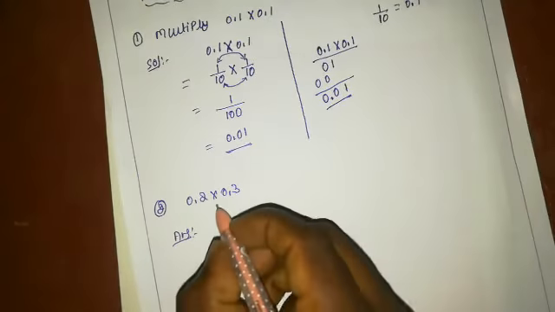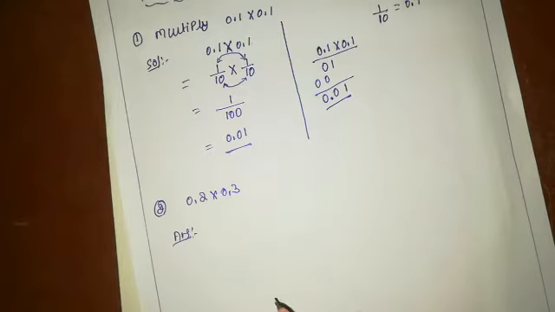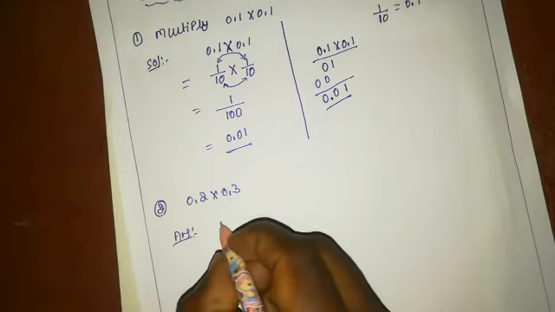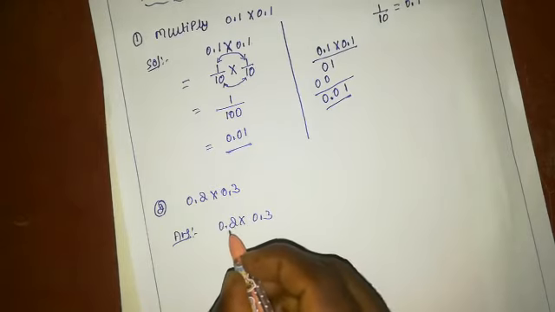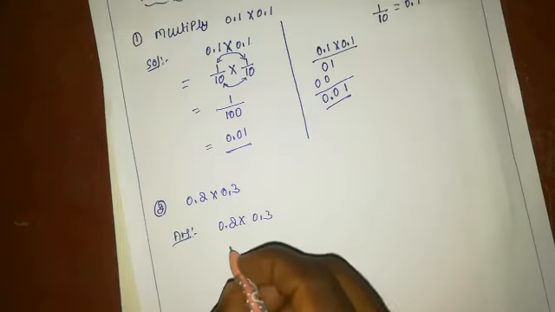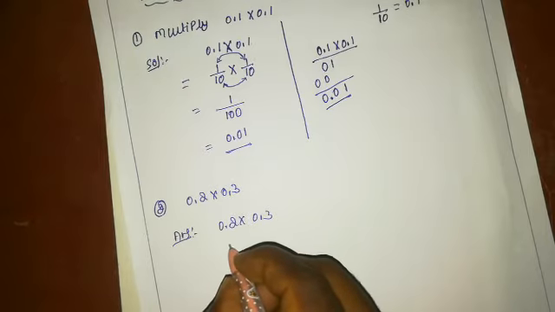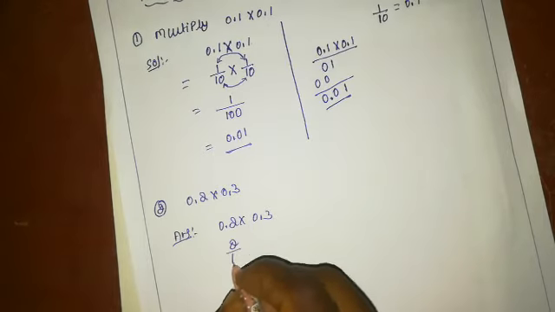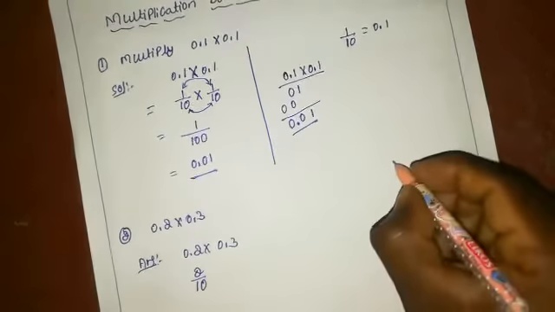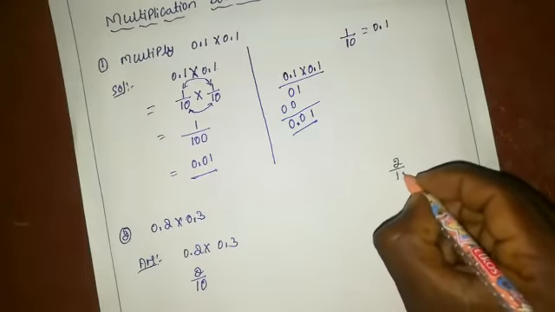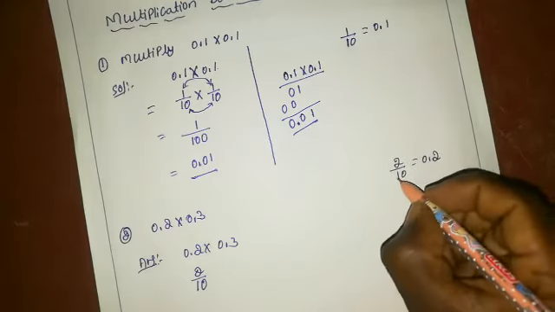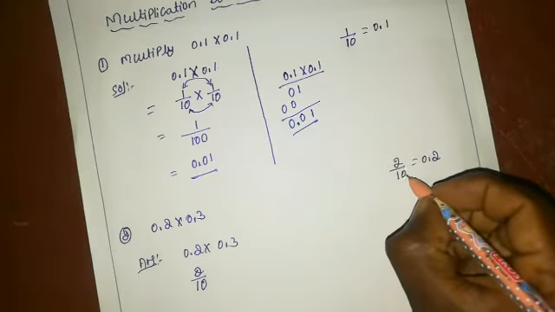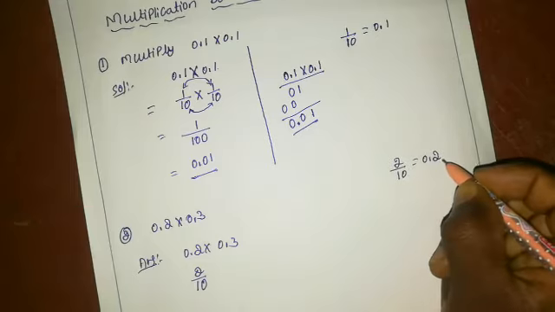Now 0.2 we can write as 2 by 10, because when we divide 2 by 10, we get 0.2. In the denominator we have a 1 and a 0, so we can write it as 0.2.